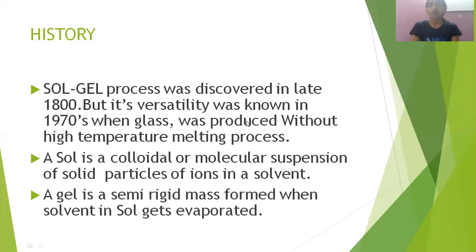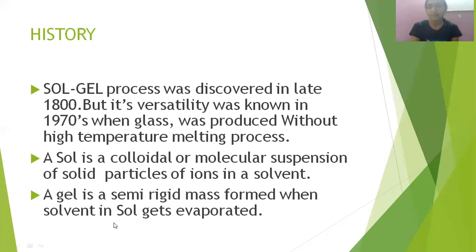Now, when I'm talking about sol and gel, you'll remember some terms you have learned in chemistry, like colloidal particles. What is a sol? A sol is a colloidal or molecular suspension of solid particles in a solvent. What is a gel? A gel is like a sticky substance.